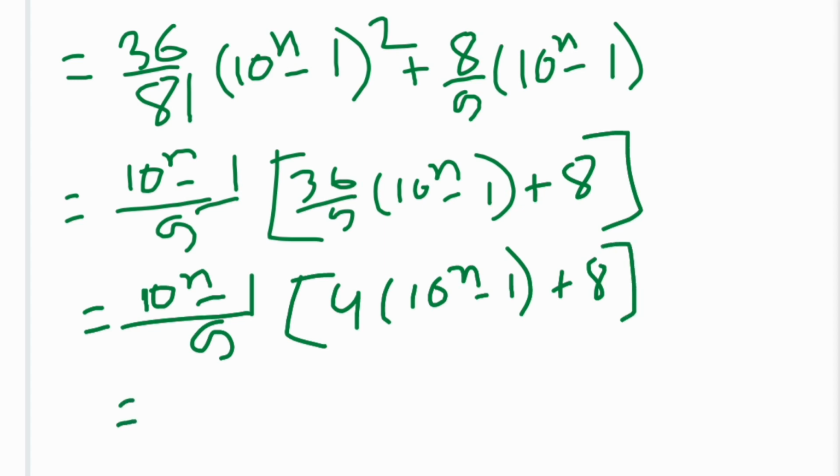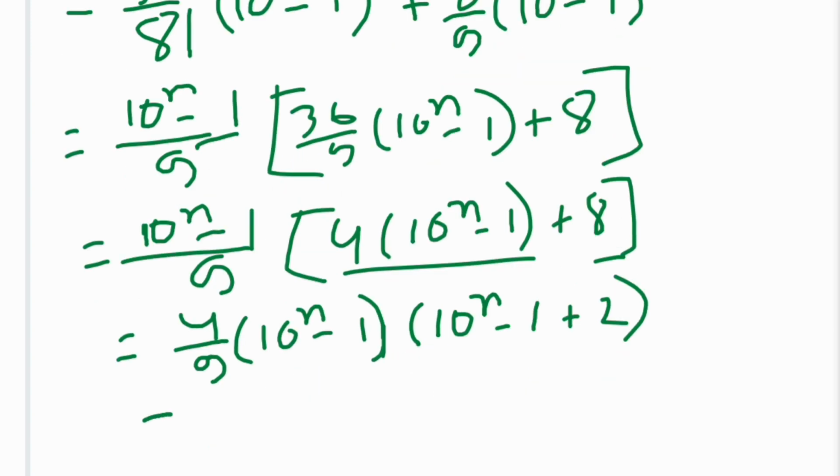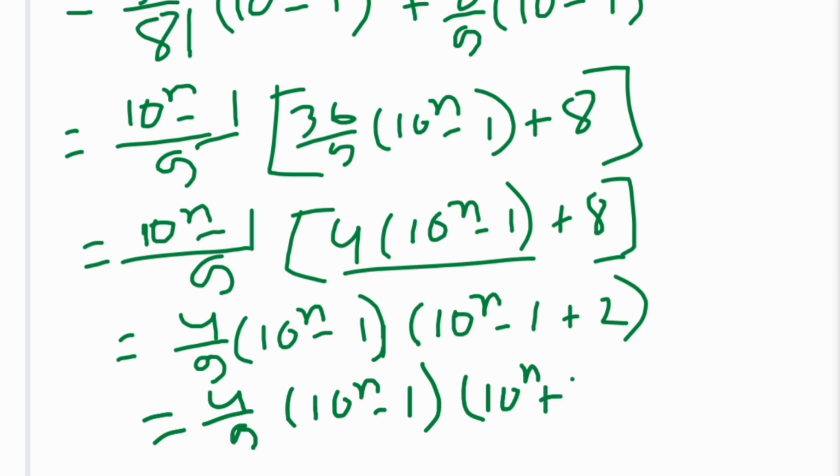Now from here we can take 4 common out, so 4 over 9 into 10 raised to the power n minus 1, into 10 raised to the power n minus 1, plus here 2 left. So that is simply 4 over 9 into 10 raised to the power n minus 1 into 10 raised to the power n plus 1. Now look at them. They give us the formula of a minus b into a plus b, that is a square minus b square.